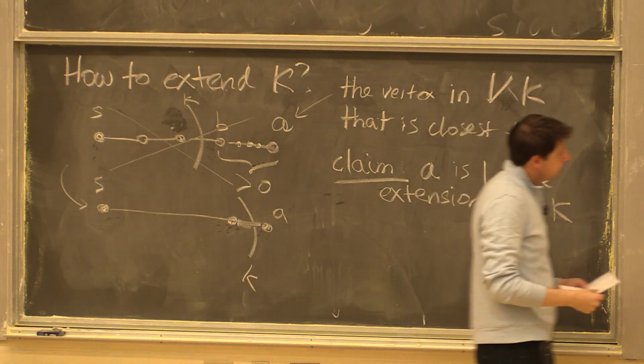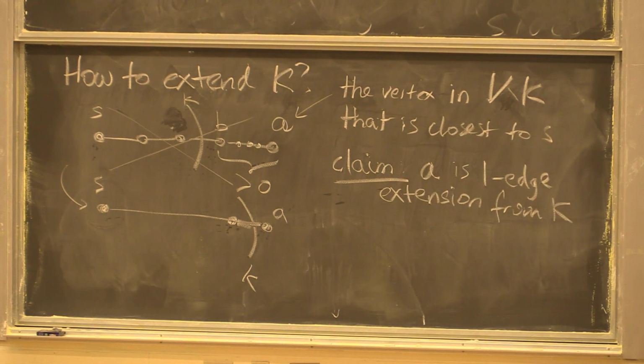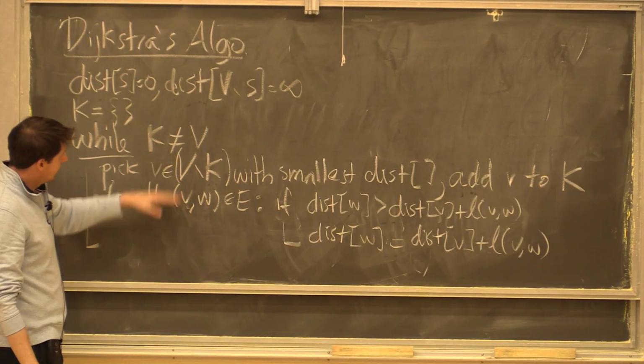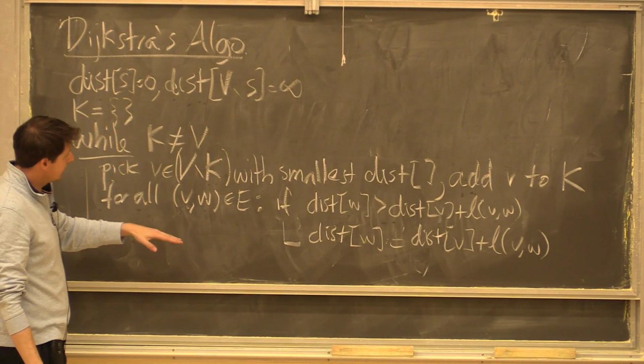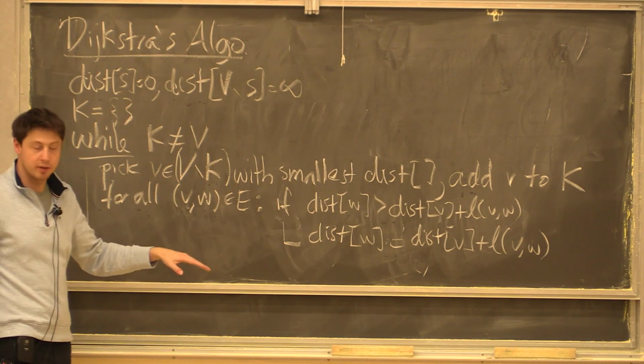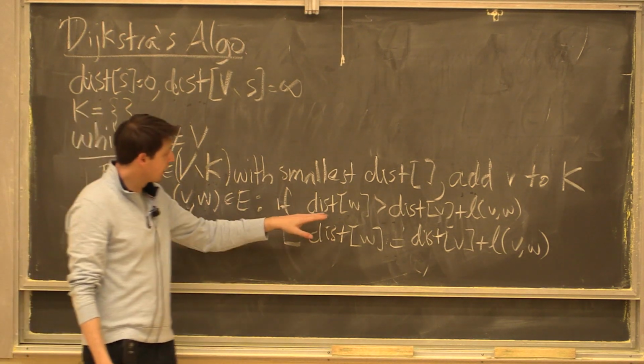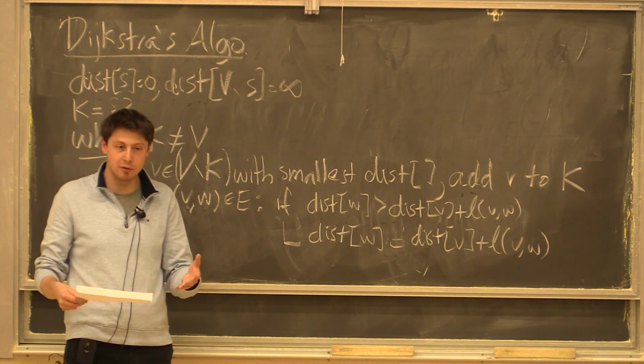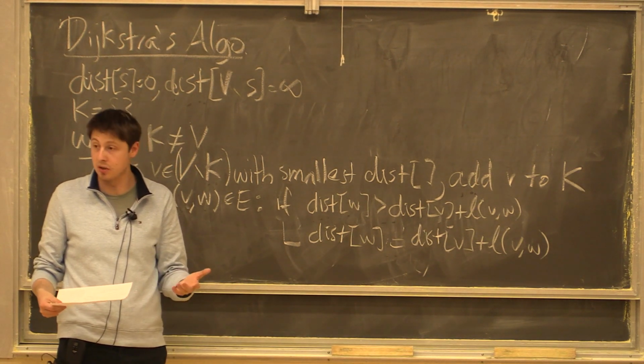Notice that as this algorithm goes from iteration to iteration, we're changing the estimates. And so the relative order between the things that are left over in the complement of K also changes.